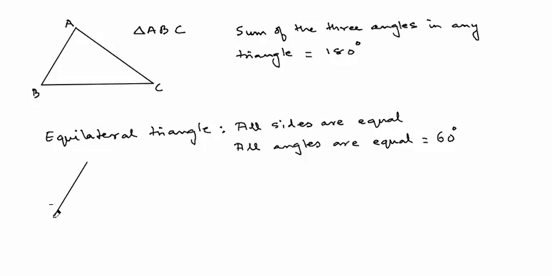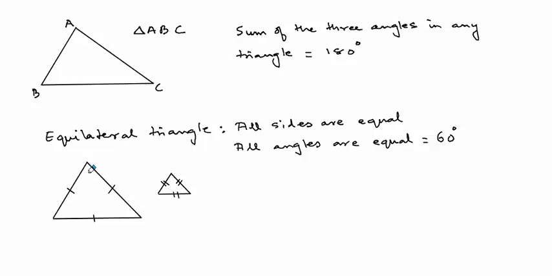An equilateral triangle typically looks something like this. And we have this side the same length as this, the same length as this. And no matter how big or small the triangle is, you could have another equilateral triangle that's smaller than this, so that this side is the same length as this one, is the same length as this one.